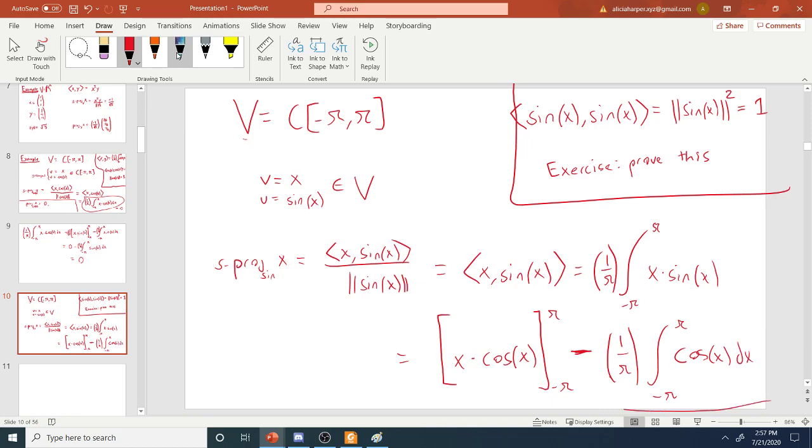So this quantity right here is 0. This quantity is not. Actually, I should have a 1 over pi on the outside here.